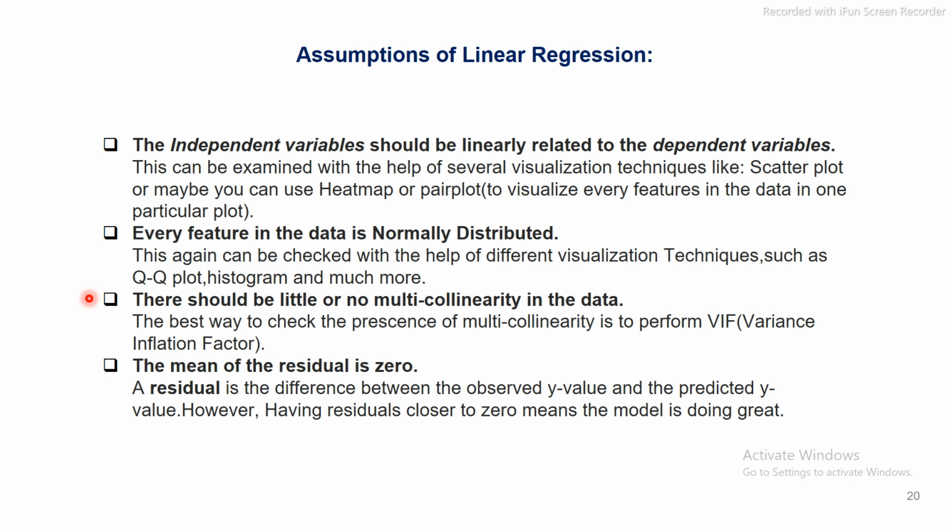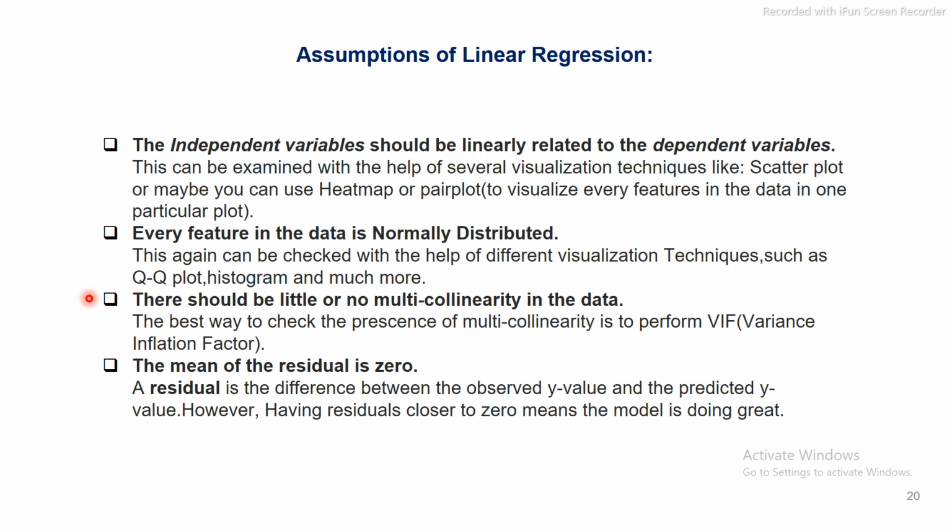And the mean residual is 0. It means there are some data points which are away from the line of best fit. So our continuous struggle is to make the residual 0.